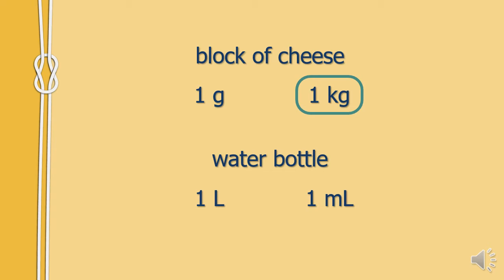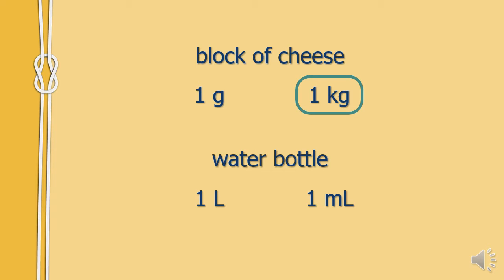How about a water bottle? Some of you have water bottles in the classroom. Would it be 1 liter or 1 milliliter? What do you think? Here's a clue. Sometimes your mom might buy 2-liter bottles of pop. Well, 1 liter would be half of that bottle, and 1 milliliter would be just a few drops.